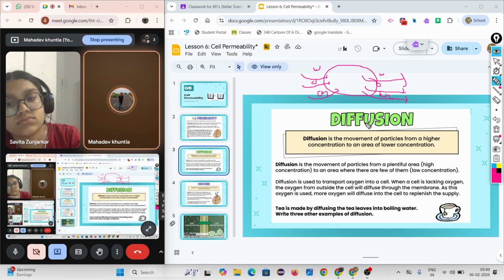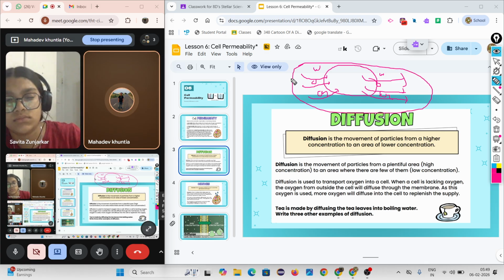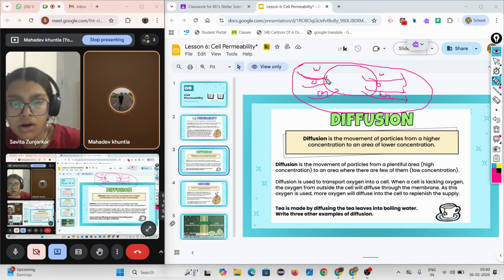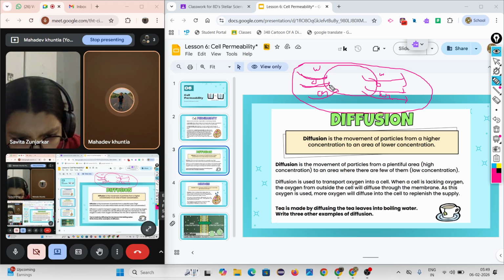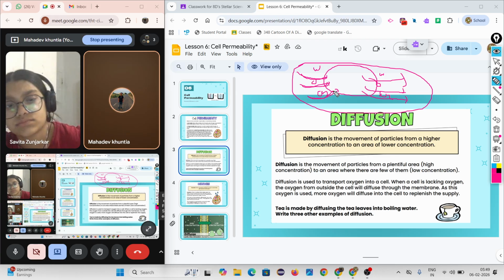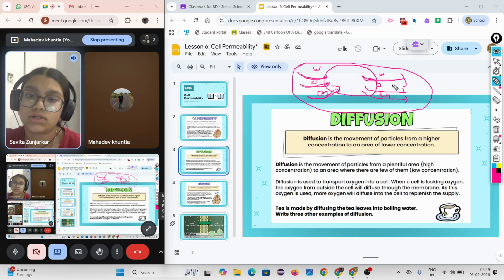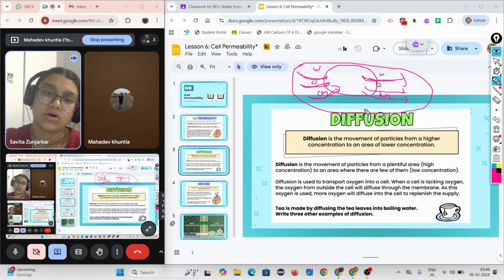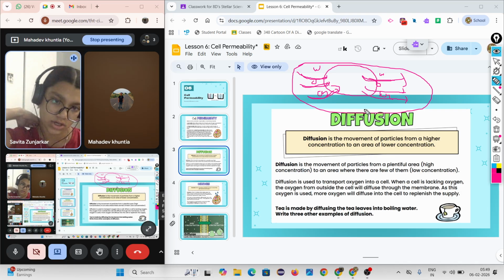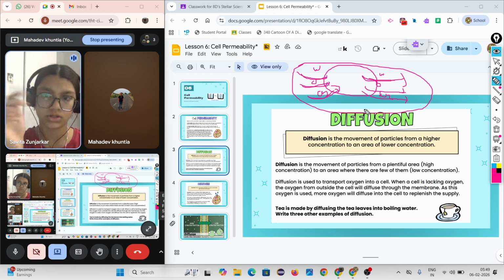Then my question is, how does this happen? How is water coming inside the cell, oxygen inside the cell, carbon dioxide inside the cell? Because it is permeable and the membrane gives permission, it allows them to go and come inside.